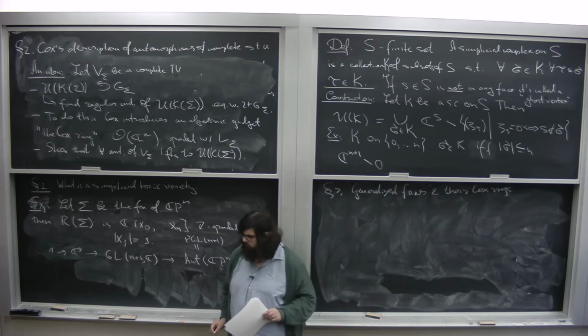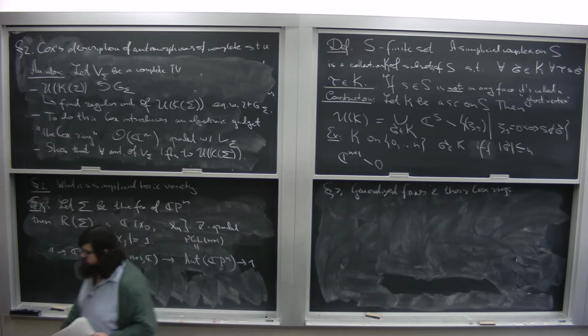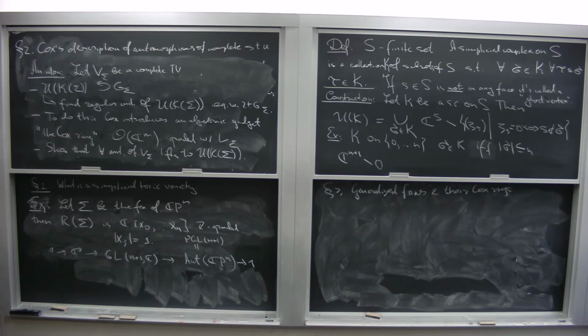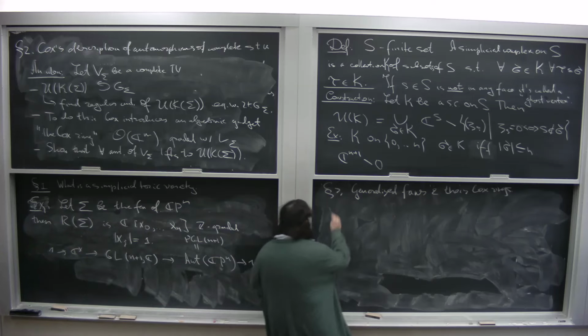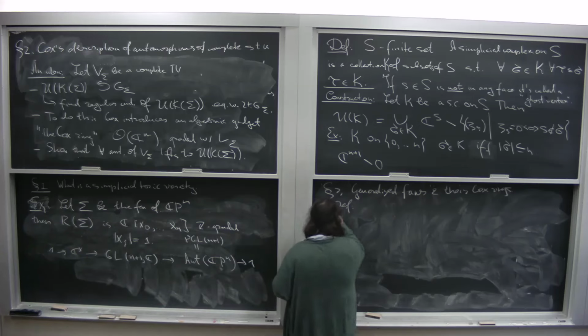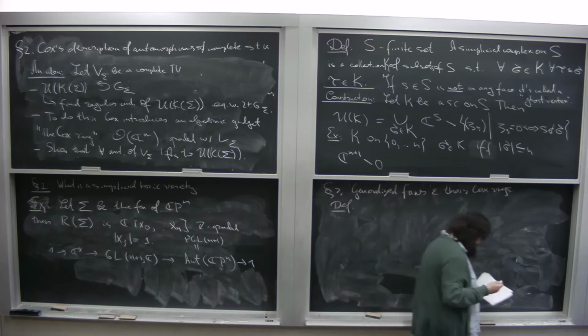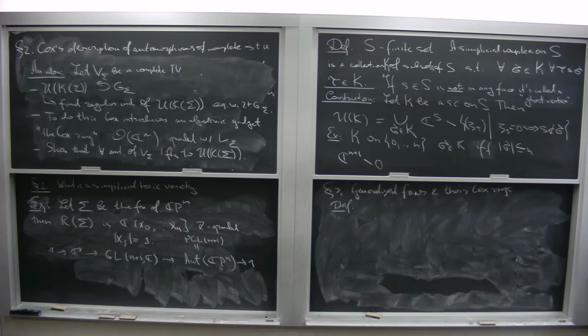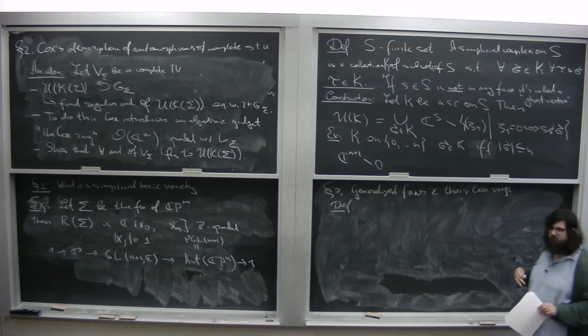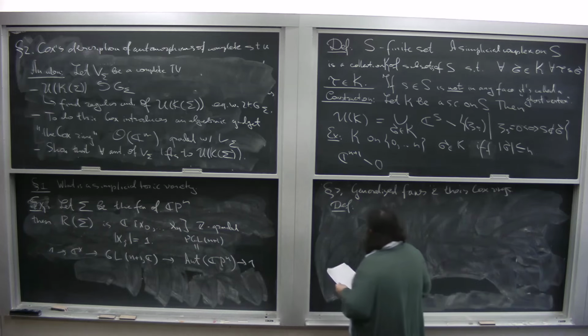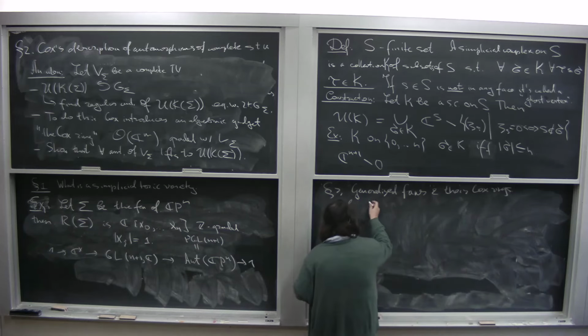So in the previous part, I said let's call something an embedded fan, which hinted at the possibility that the fan can be non-embedded. So let me give the following abstract definition.